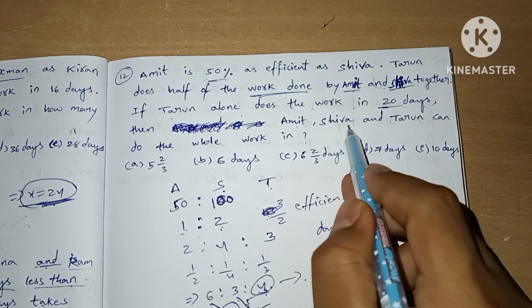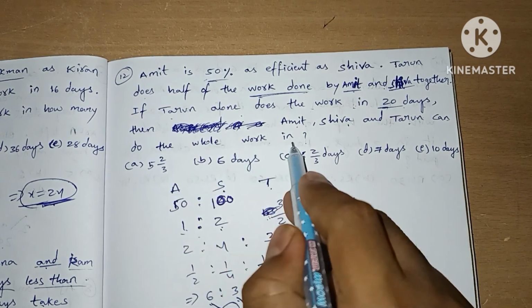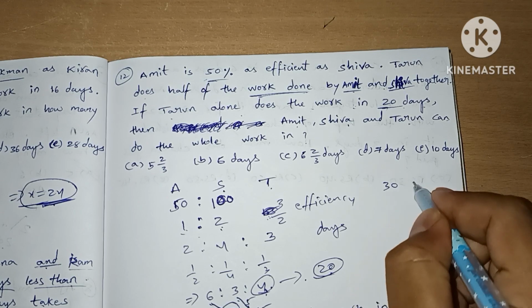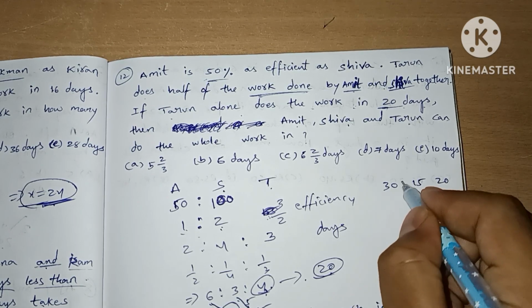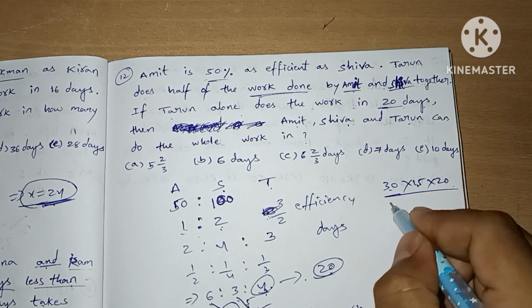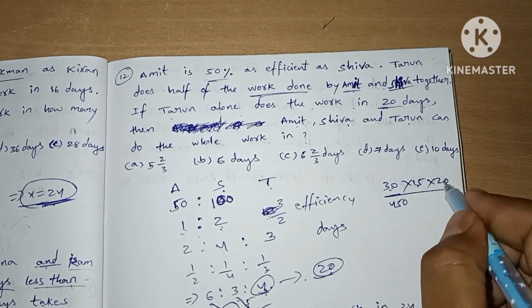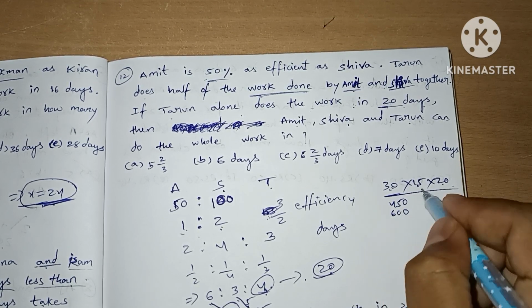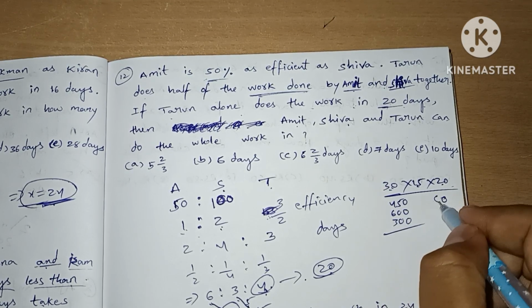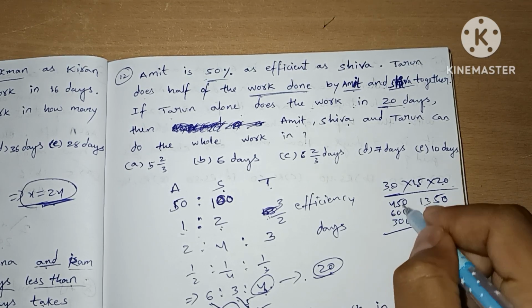Then Amit, Shiva and Tarun can do the whole work in how many days? So all together is asked. So we have 30, 15 and 20. All together means we need to multiply: 30 into 15 is 450, plus 30 into 20 is 600, plus 15 into 20 is 300. So we get 1350.